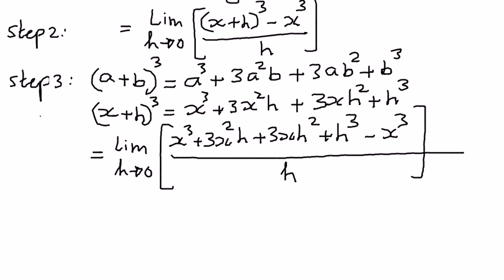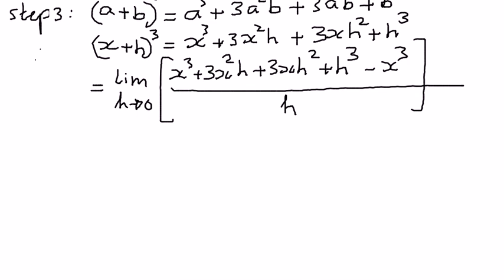Now we can simplify it some more, and as we can see, we have a positive x cubed and a negative x cubed. We can cancel them out, and therefore we can simplify this some more as the limit as h approaches 0.